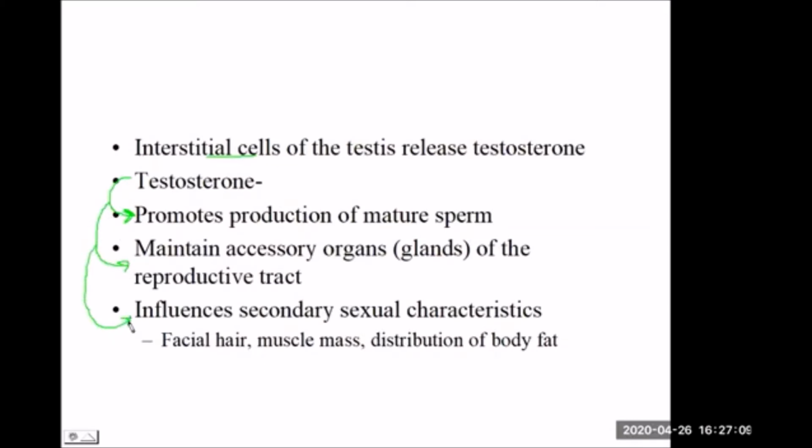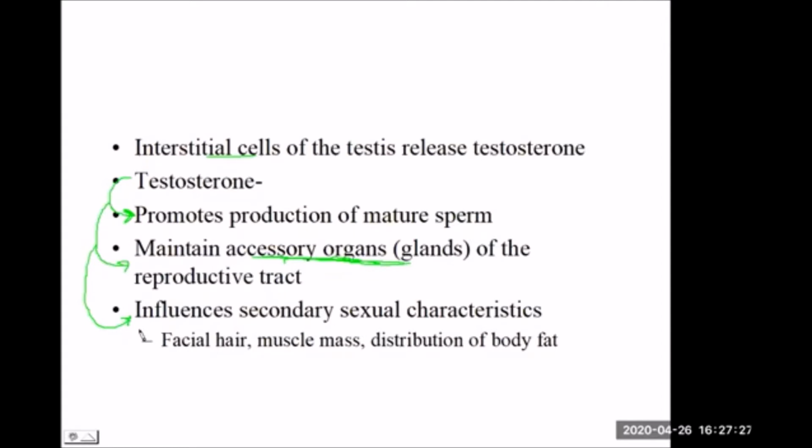So in particular with the reproductive system, it'll stimulate a number of the accessory glands of the male reproductive system, such as the prostate function, for example. And as I mentioned, we have all of the various organ systems.